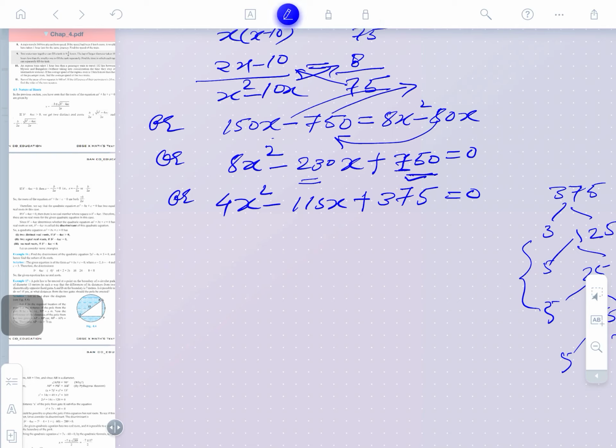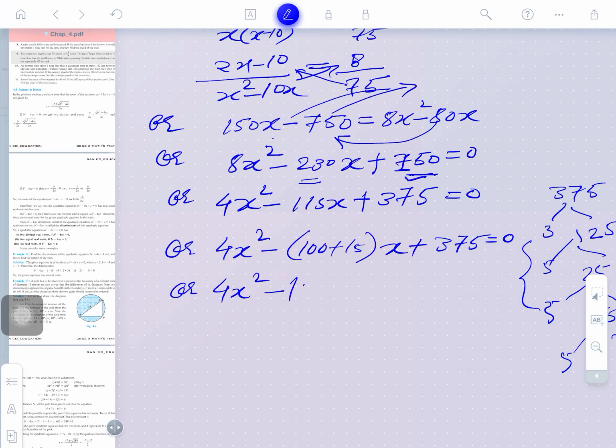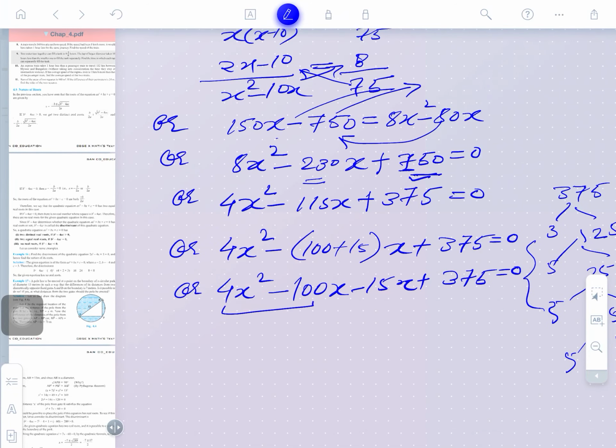Clear? So the expression can be written as 4x square plus 100x plus 15x plus 375 is equal to 0, with 100x minus 15x actually. Positive, negative. What is common in them? 4x common, x left here, and 25 also. 15 is common, x left here, and 25 also.